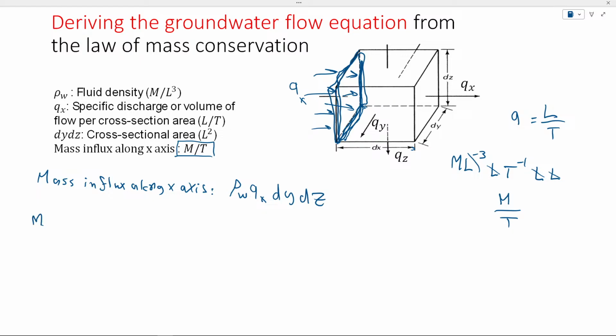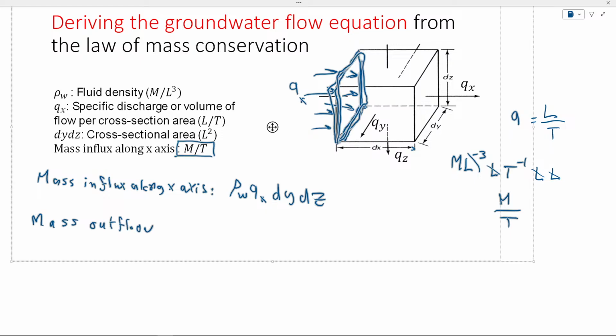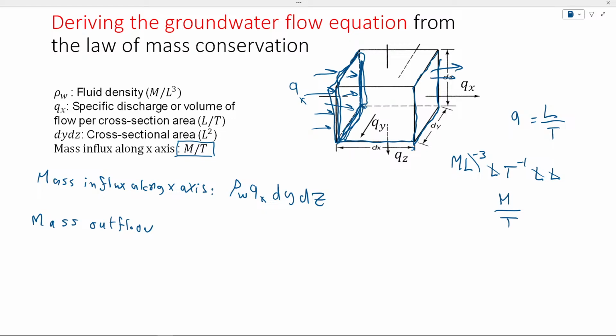Mass outflow. So let's look at the mass outflow, which would be parallel to the x-axis. Again, this is my x-axis, and the outflow would be coming out here.